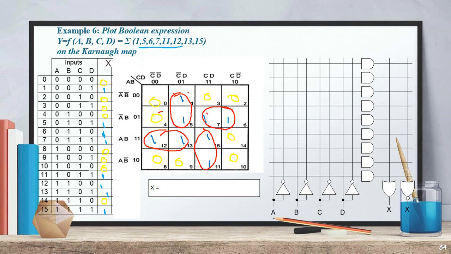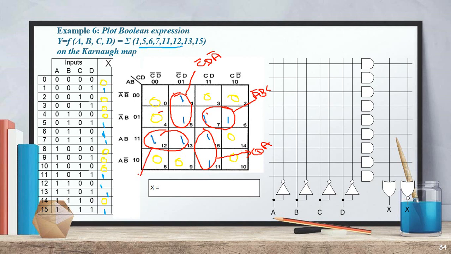So from this equation we can say that C bar D stays as it is because it is only one row, and B bar is cancelled out, so it is A bar. And from this equation we can say that A bar B is common and C is common, because D bar gets cancelled. From this we can say CD is common, and then B bar B gets cancelled, so A is common.